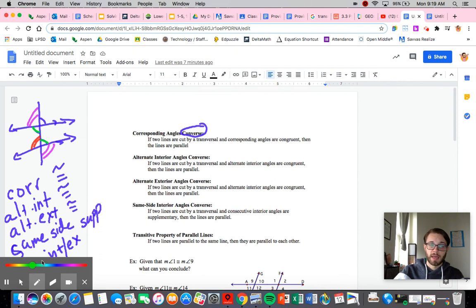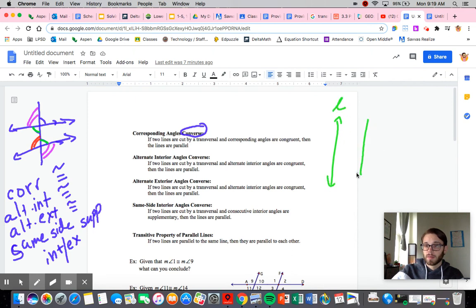And all that that's saying is, let's say this line, I have line L, M, N. So I have these three lines, and I'm told that L is parallel to M. And I'm also told that M is parallel to N. L is parallel to M, and N is parallel to M. So therefore, L is also parallel to N. That's all that they're saying.